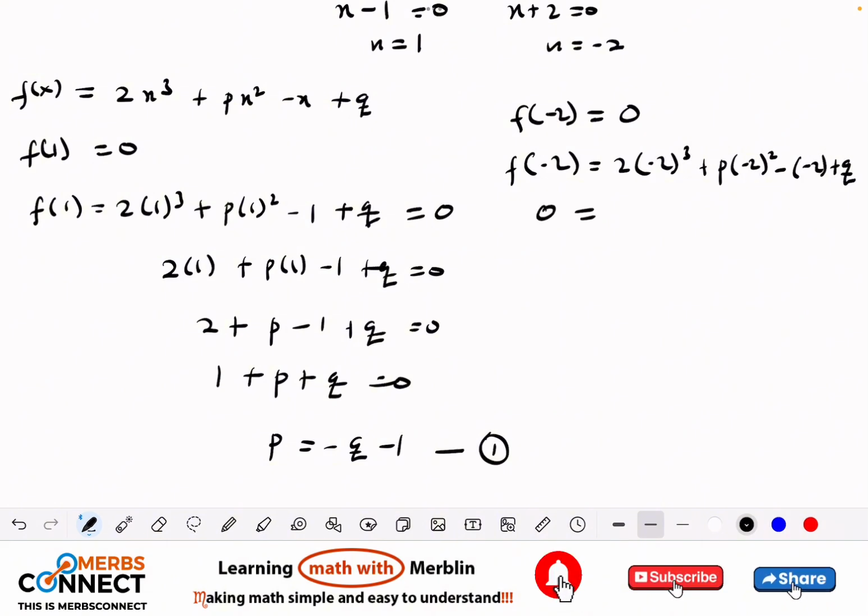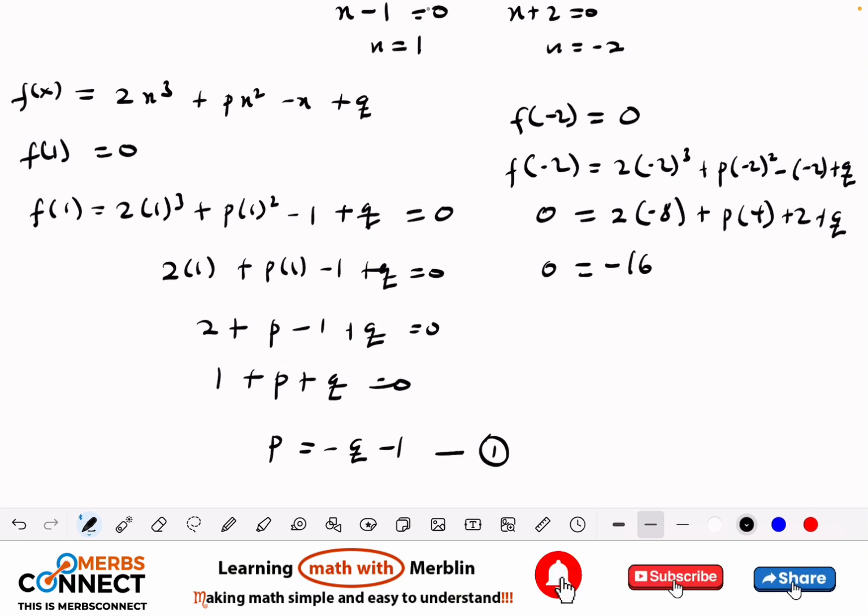We are going to get 2 times minus 8 plus p times 4 plus 2 plus q, right? So 0 is equal to minus 16 plus 4p plus 2 plus q, and then 4p plus q minus 16 plus 2 is going to give us minus 14, which is equal to 0.